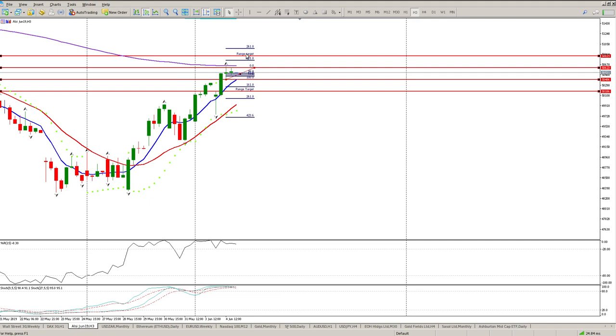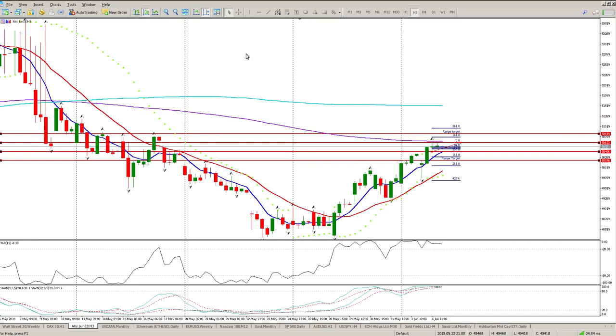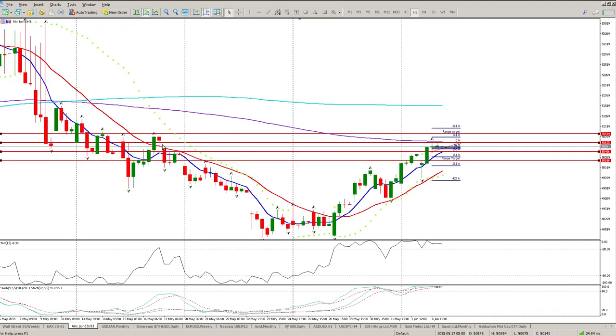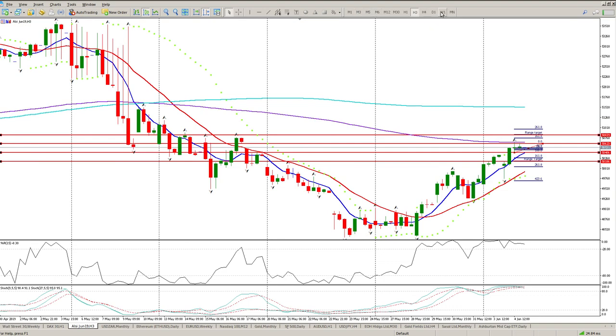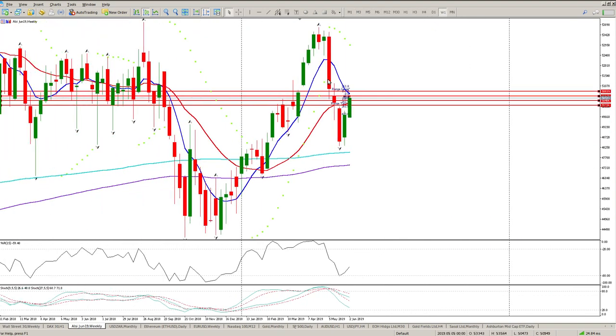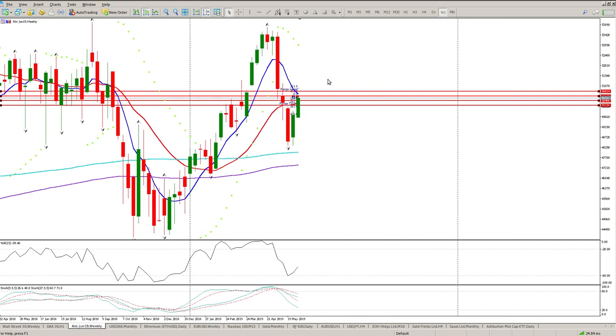I think we're going to get a massive gap up today, and we may get a gap up to the range target. I don't see a weekly level here. No, I don't see anything that's going to stop us.